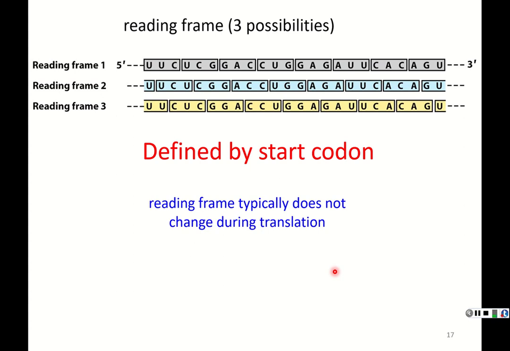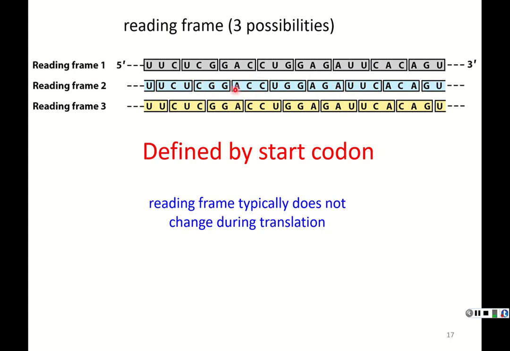So there are 3 reading frame possibilities. If you start from the first nucleotide in this messenger RNA sequence, our codons would be given here. But what if you started from the second nucleotide and then did those 3 as your first codon? It would change what your codons are.